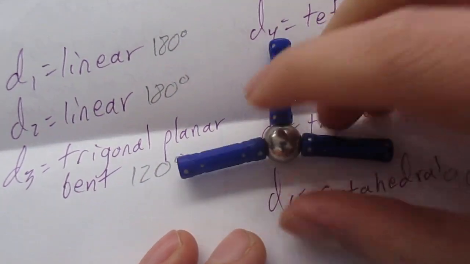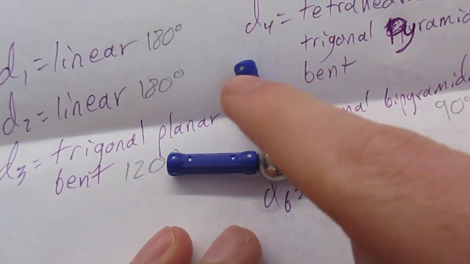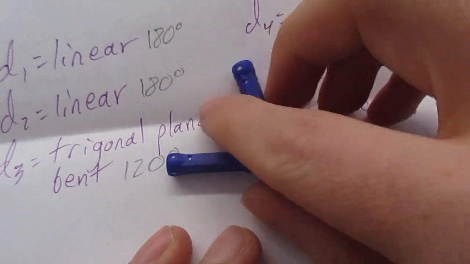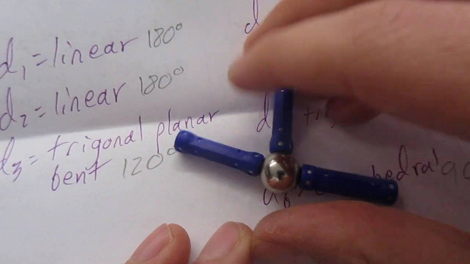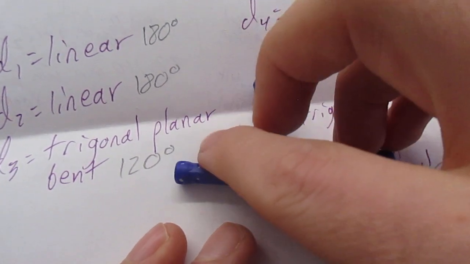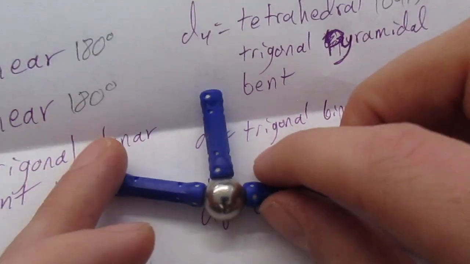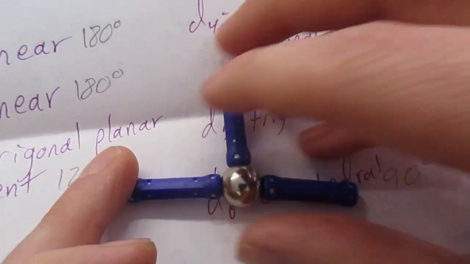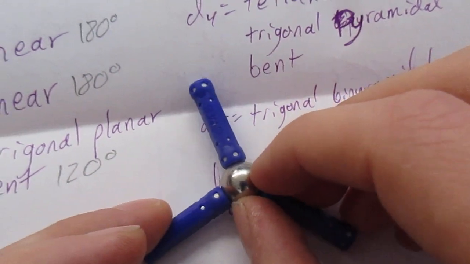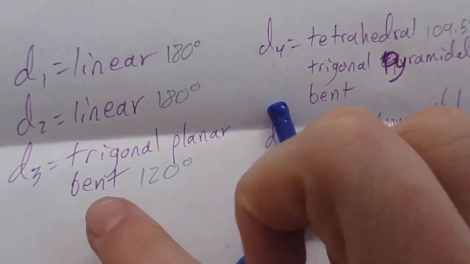If you did 180, do you see how these are pretty small now? This is like 90. I apologize, the magnets are fighting with me as I do this one-handed. But essentially, 90, 90, 180, it hates the 90s. So it would rather spread out and have everything be 120, domain 3.